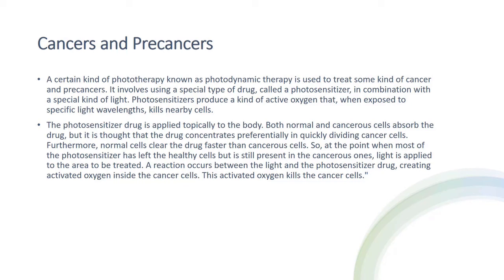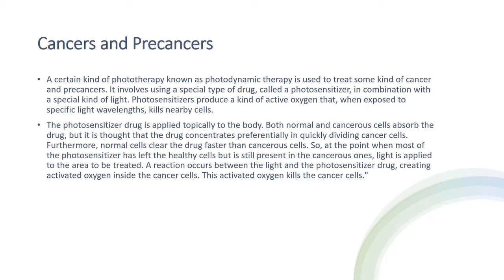The photosensitizer drug is applied topically to the body. Both normal and cancerous cells absorb the drug, but it is thought that the drug concentrates preferentially in quickly dividing cancer cells. Furthermore, normal cells clear the drug faster than cancerous cells.